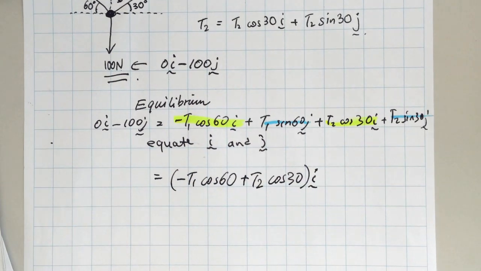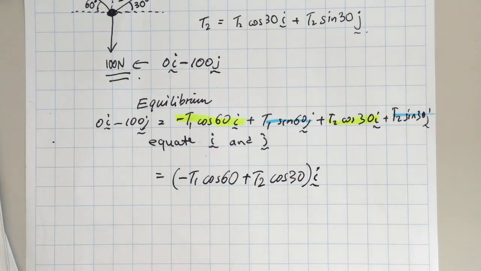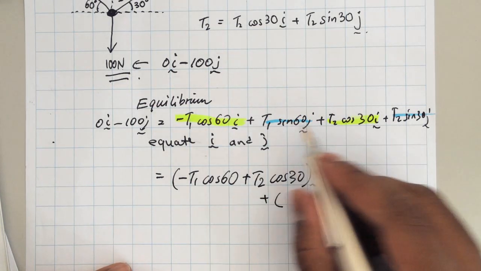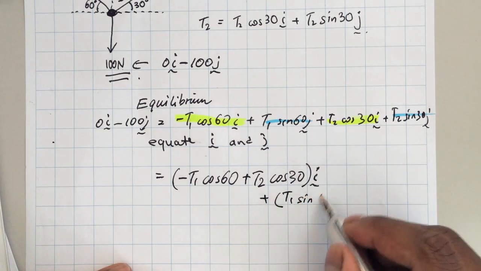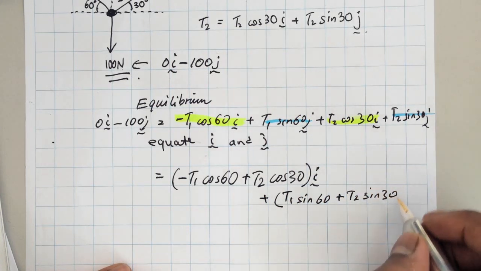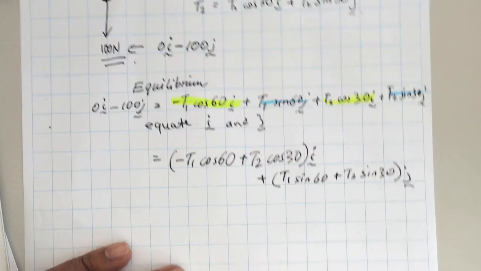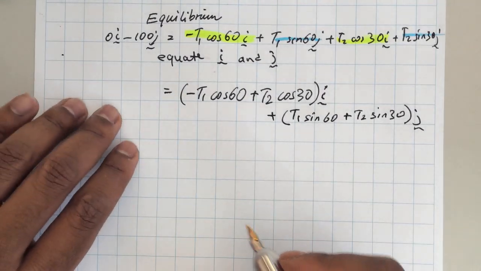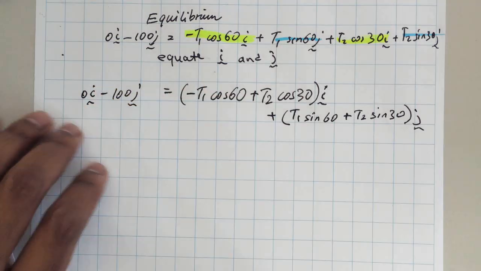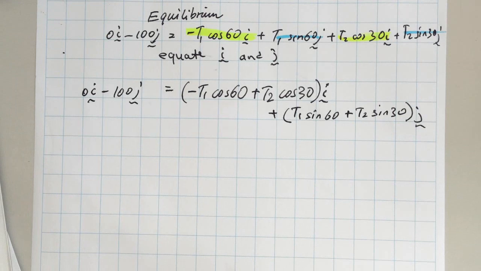Any confusions? Anyone baffled? Anybody in Struggle Town? No one. Excellent. So then we're going to add, let's see, the blue. So we got T1 sine 60 plus T2 sine 30 J. And over to our left side we got 0 I minus 100 J. So now we just have to equate the I's and J's.